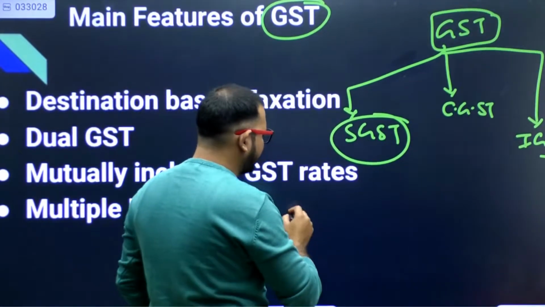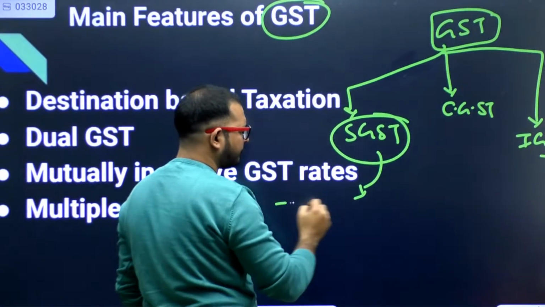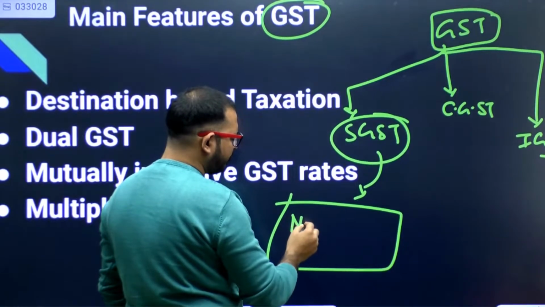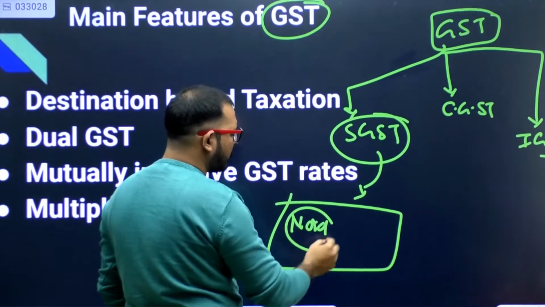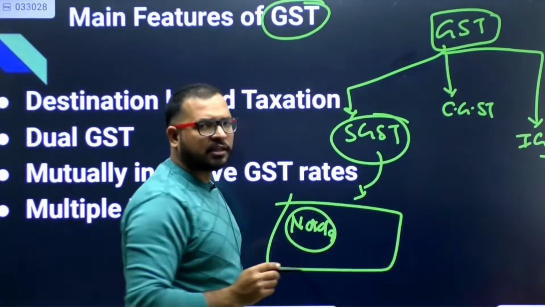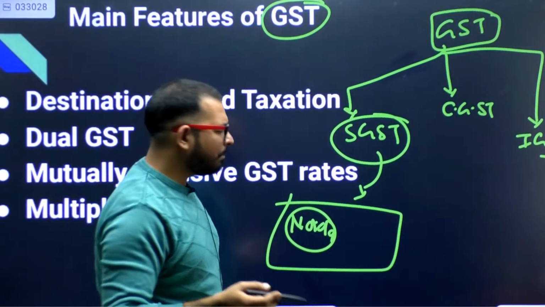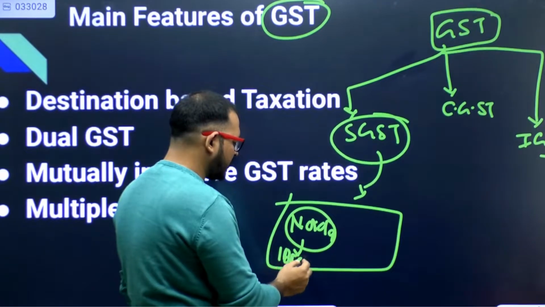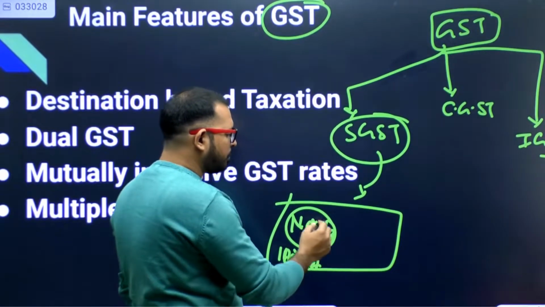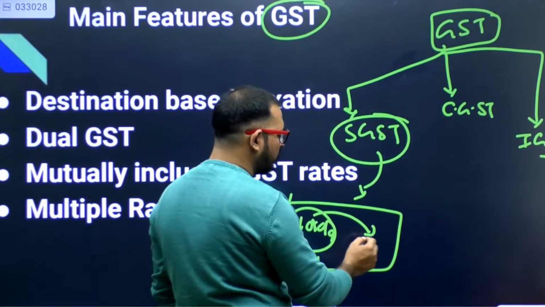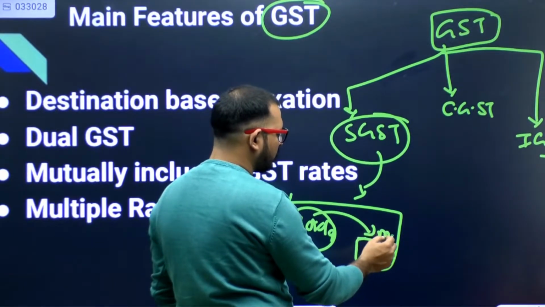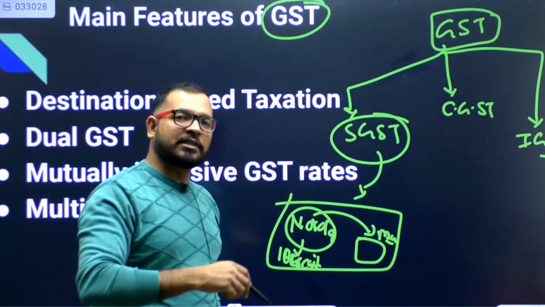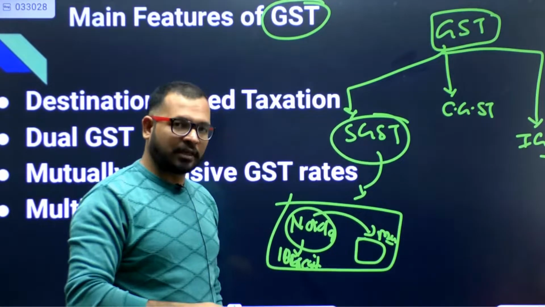So for example, let's understand this tax. Let's say in Noida, one manufacturing unit has made one biscuit packet, and this biscuit packet is being consumed here in Meerut. GST is nothing but a consumption based tax, or a destination based tax.